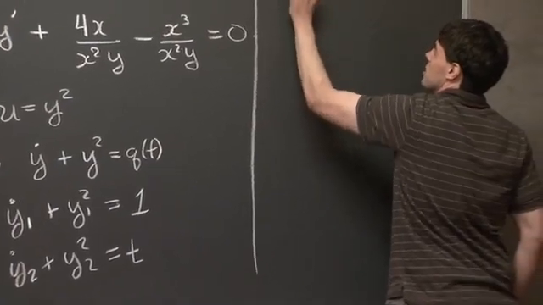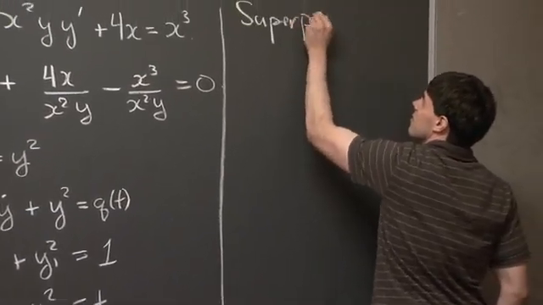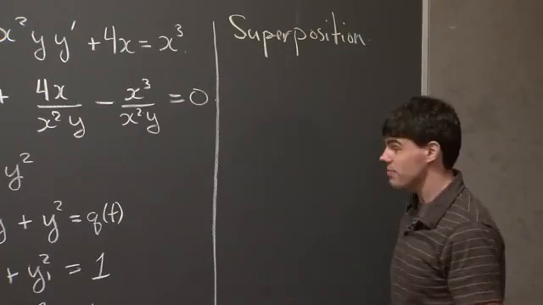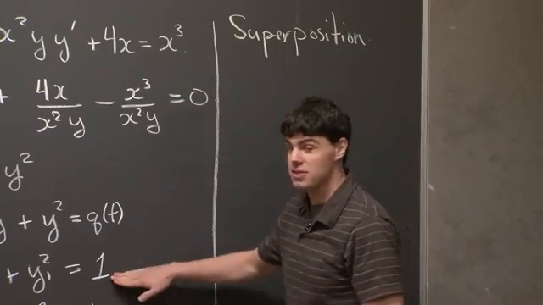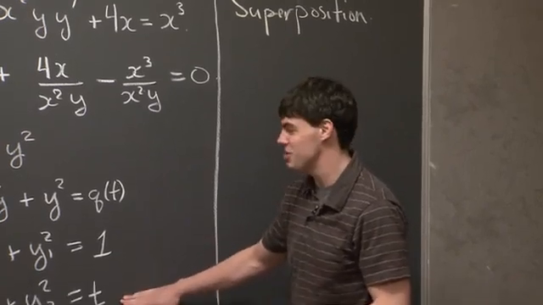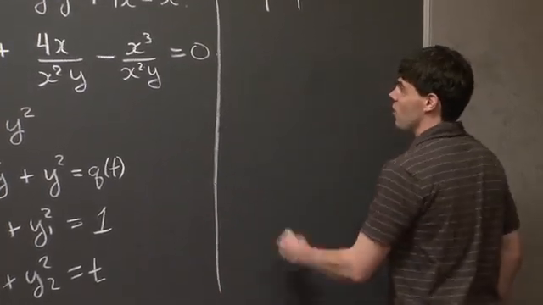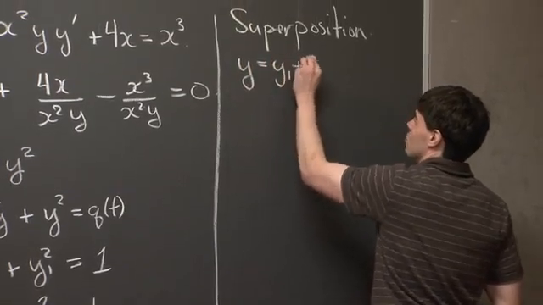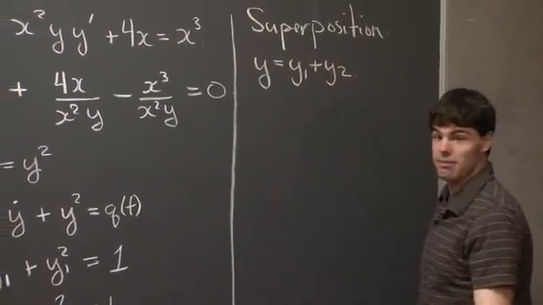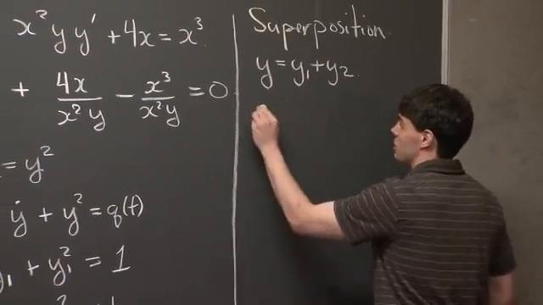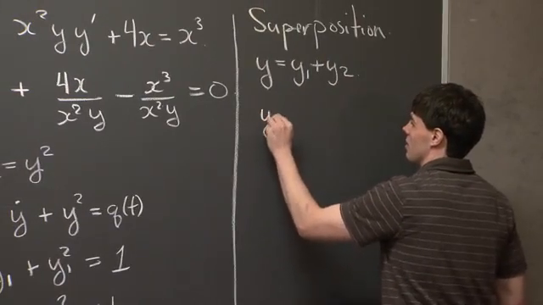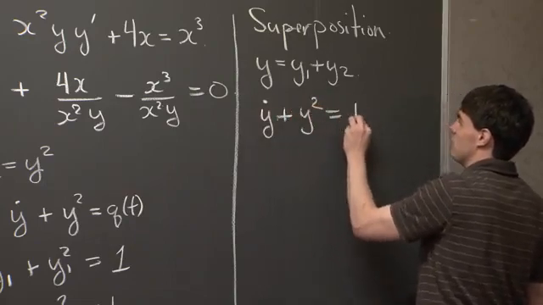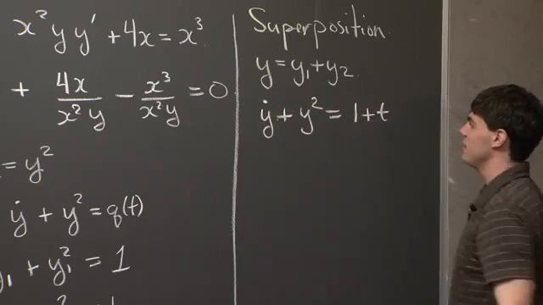Well, superposition says that if y1 solves this equation and y2 solves this equation, then the function y equals y1 plus y2 must solve the equation y dot plus y squared equals the sum of the right-hand side, 1 plus t.